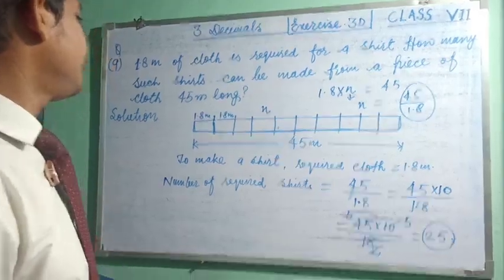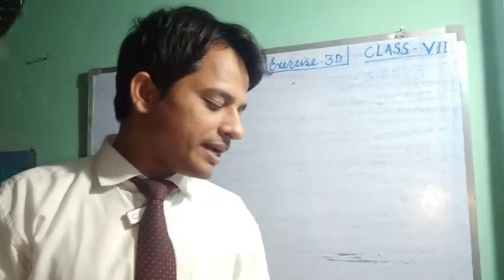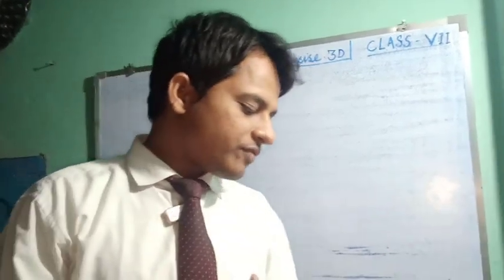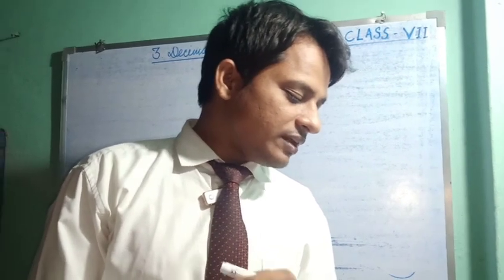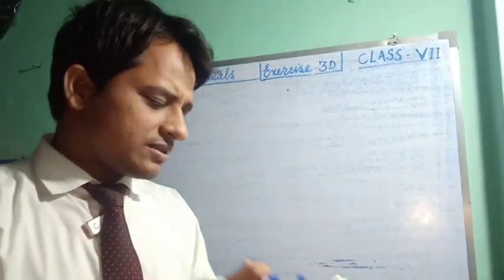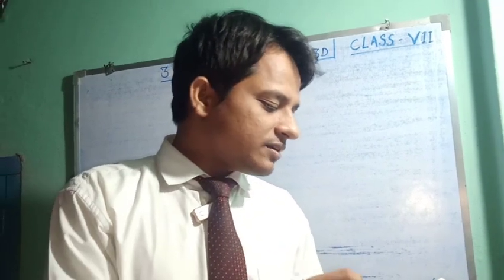Okay. Question number 10. A car covers a distance of 22.8 km in 2.4 liters of petrol. How much distance will it cover in 1 liter of petrol? This is a similar type of question, and here also it is division.